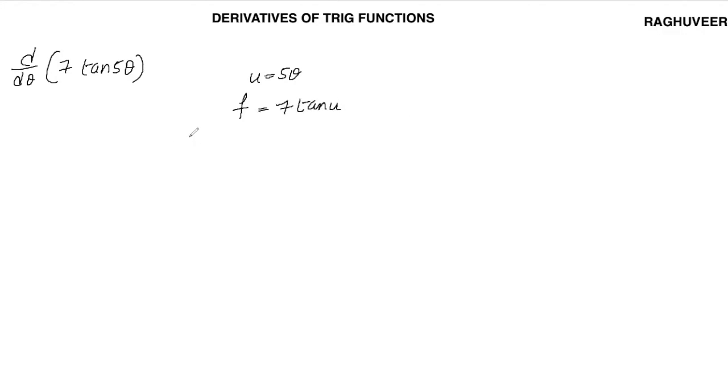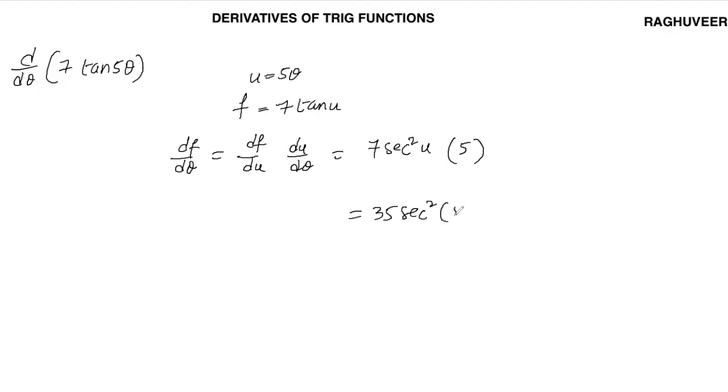So df by d theta is df by du times du by d theta, which is, with respect to u, 7 secant square u, and this will be 5. So this is 35 secant square 5 theta. So this is your answer.